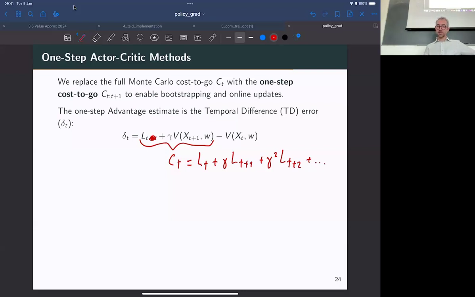Why is it better to use the one-step prediction than the real thing? What's the advantage of the one-step prediction? Nobody?